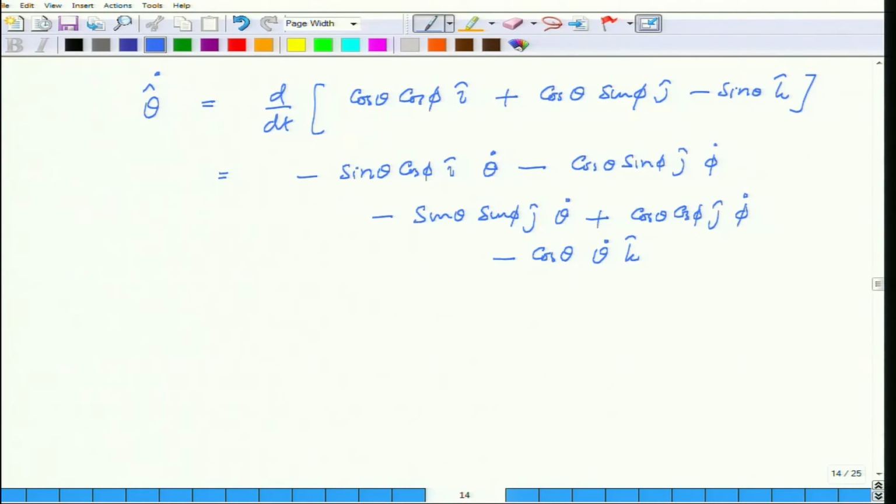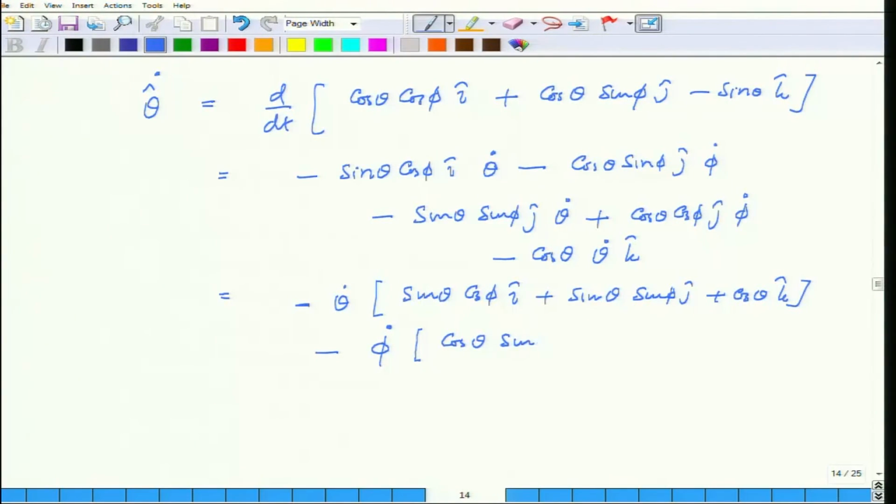If I collect all the theta dot terms, this I can write as theta dot with a minus sign, sine theta cosine phi i plus sine theta sine phi j plus cosine theta k minus, let me also collect phi dot terms, minus phi dot in the bracket cosine theta sine phi i minus cosine theta cosine phi j.